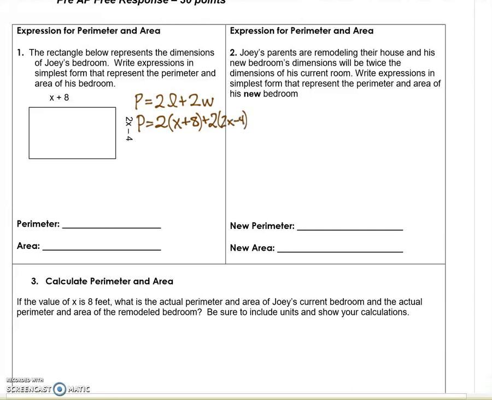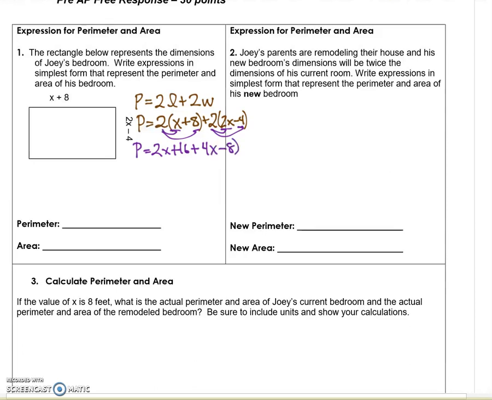It does say to simplify this. We want this in simplest form. So we need to continue here and multiply the 2 times the x plus 8, the 2 times the 2x minus 4, and then combine like terms. So we get 2x plus 16 plus 4x minus 8.